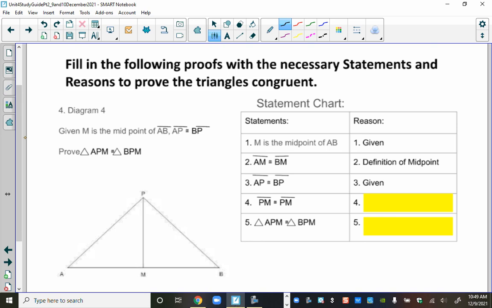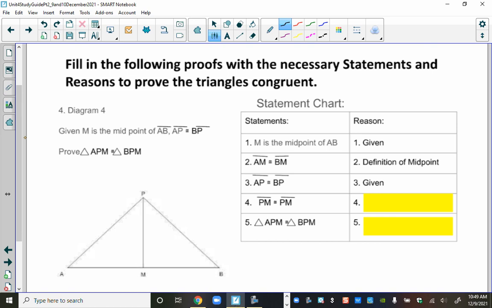All right. So they told us N is a midpoint of AB. Okay, so now they're saying PM is congruent to PM. Yeah, it's going to be the mirror.